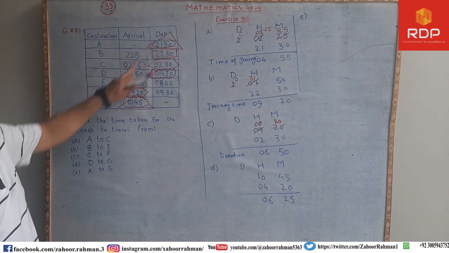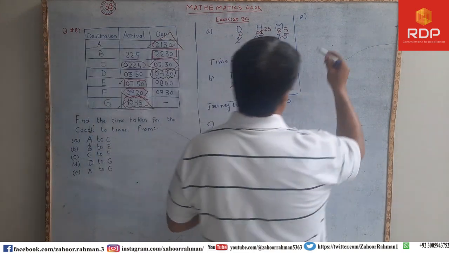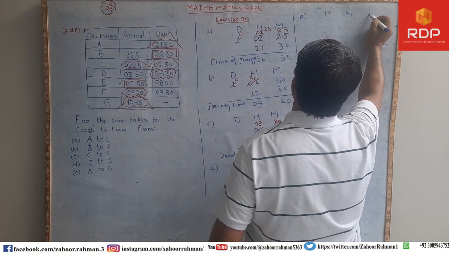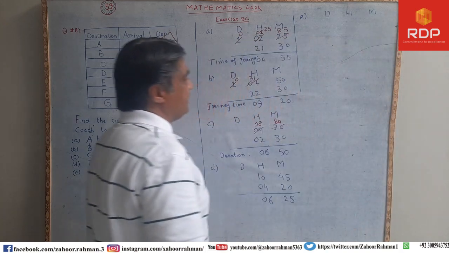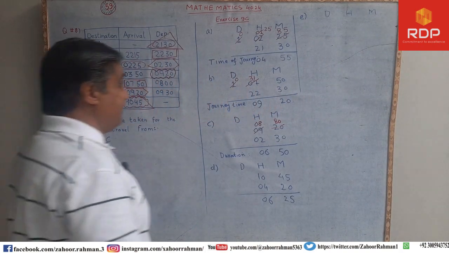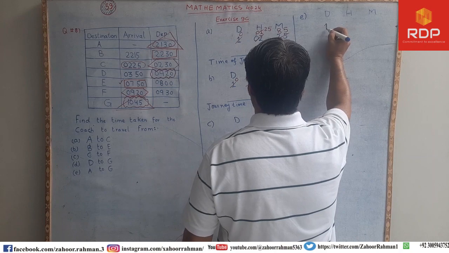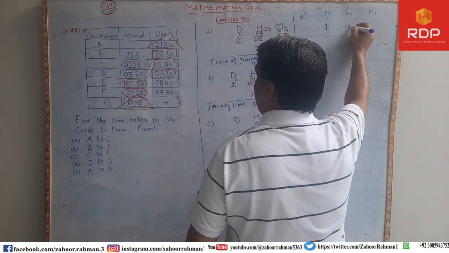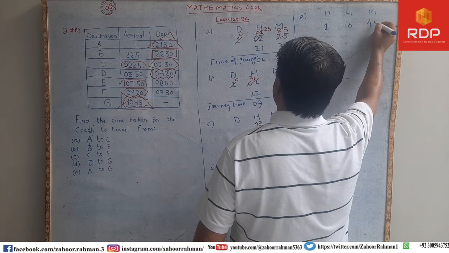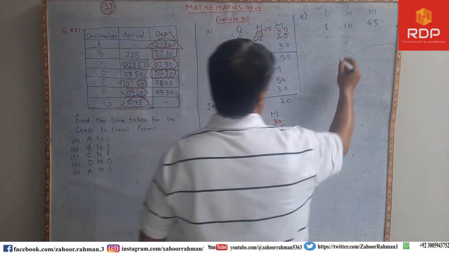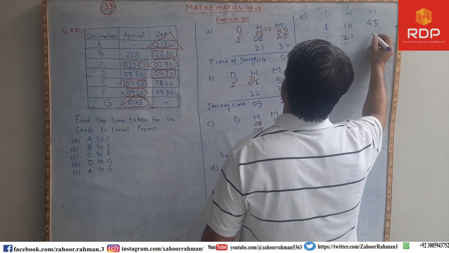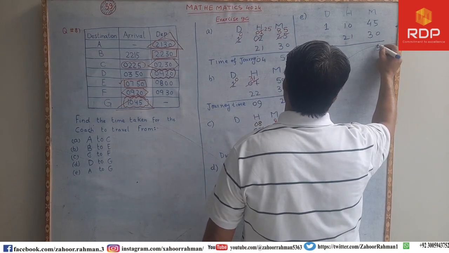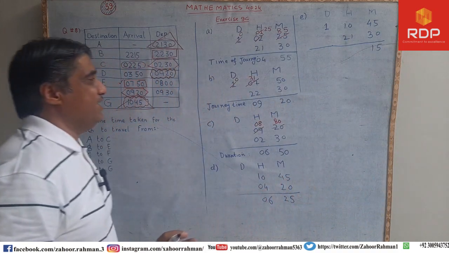Days passed, so we have to write day, hour and minutes. Here directly I am writing 1 day, and I am writing 10:45, and then I am writing 21:30, and next is the subtraction. It can be subtracted, so it is 15.